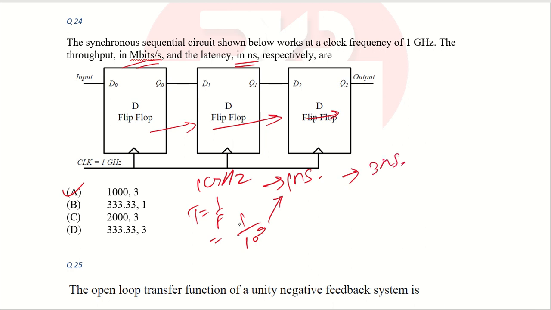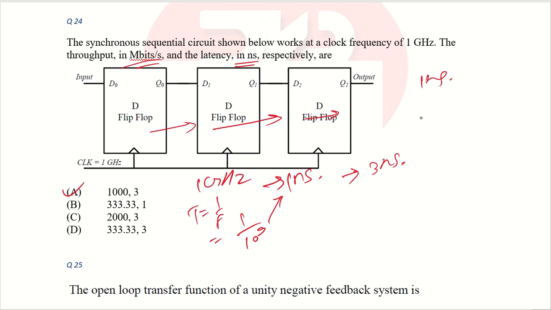Now what would be the throughput? The throughput can be calculated very simply. I'll tell you in the detailed solution. You just have to find out after how many seconds one bit is coming. One bit is coming in 1 nanosecond, so in 1 nanosecond you are getting 1 bit.